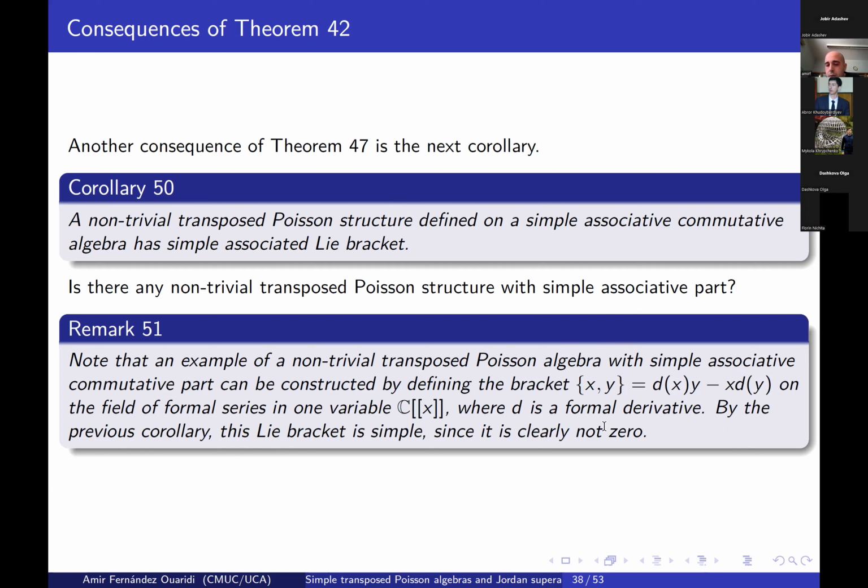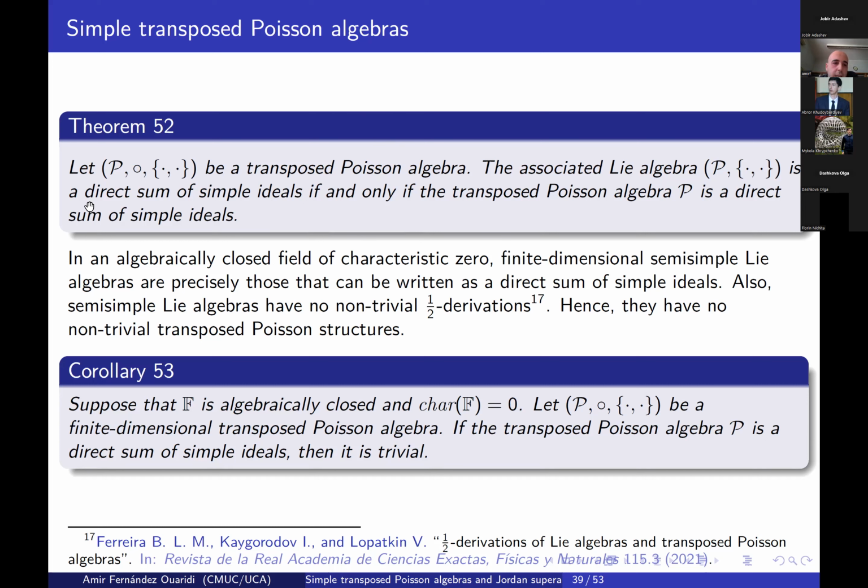Now, another consequence is the following theorem. If we have a transposed Poisson algebra, the associated Lie bracket is a direct sum of simple ideals if and only if the transposed Poisson algebra P is a direct sum of simple ideals. In an algebraically closed field of characteristic 0, finite-dimensional semi-simple Lie algebras are precisely those that can be written as a direct sum of simple ideals.